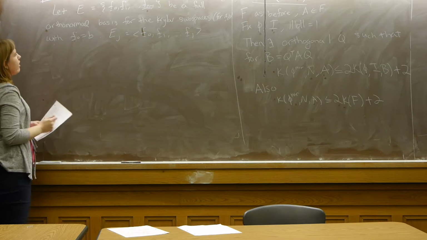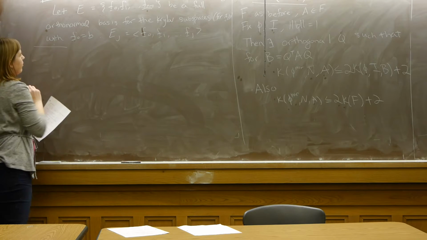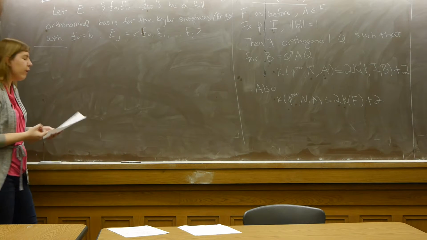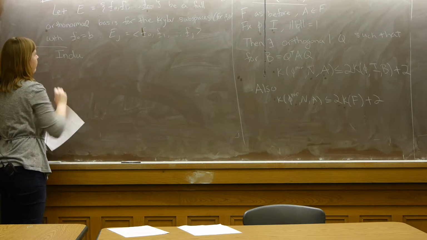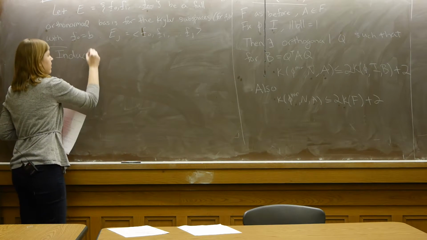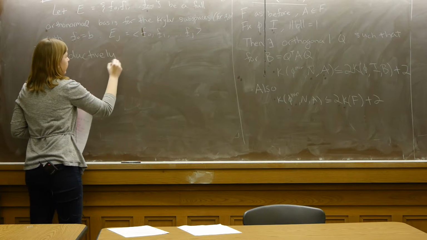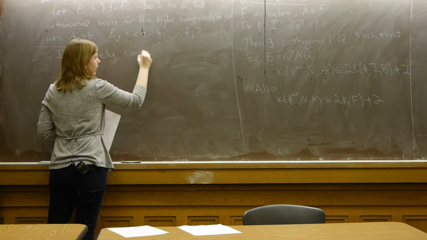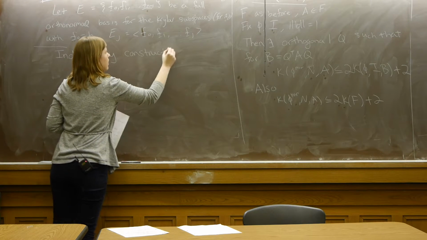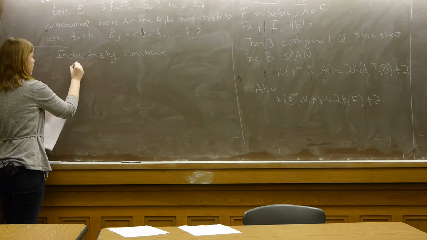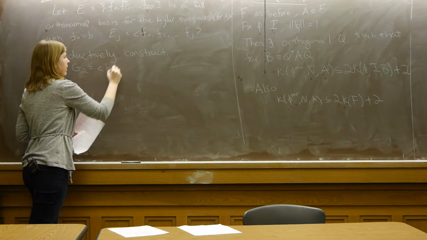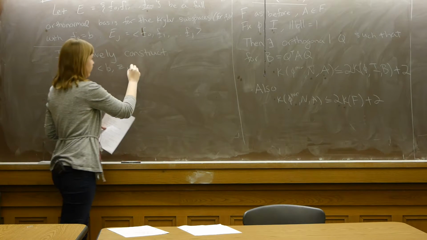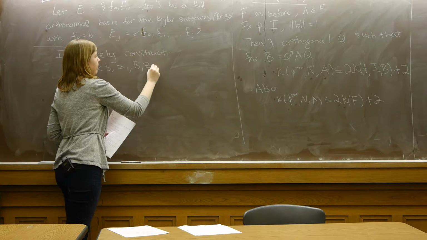Okay, and then from here, this is kind of the setup. The rest of the proof is by induction, so I won't go through all the details, but I think I can give just enough that we can understand what's going on. So inductively, we're going to construct these spaces. So the first space is called G2, and it will be B, Z1, B1, Z1.